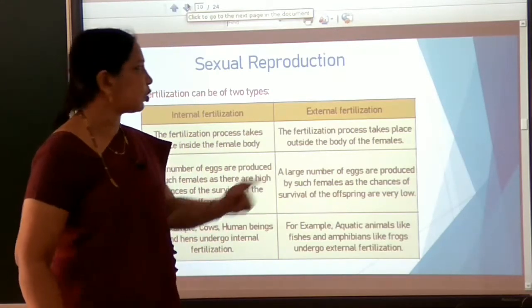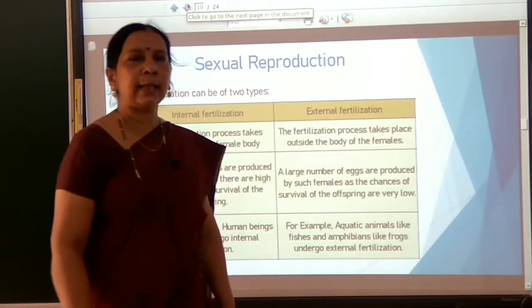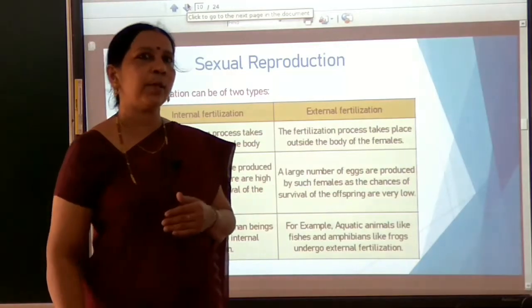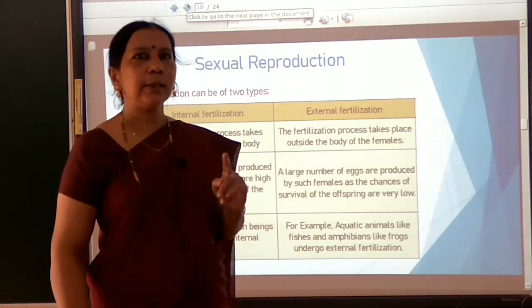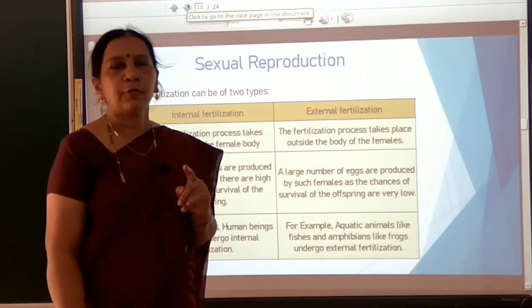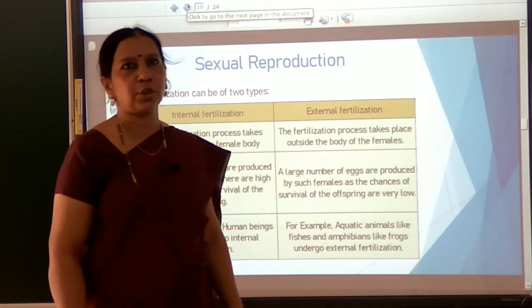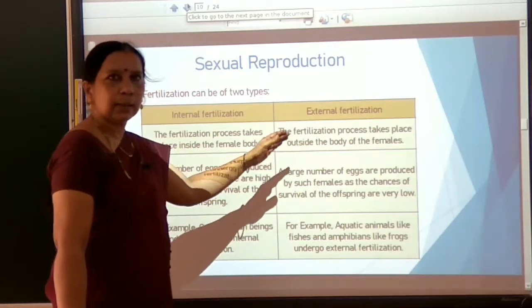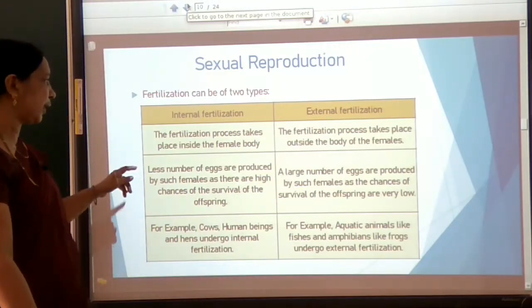Such a fertilization is called external fertilization. It occurs in aquatic animals, particularly fish, starfish, etc. Not only that, amphibians, frogs and toads also undergo external fertilization. So this is one difference between internal and external fertilization.